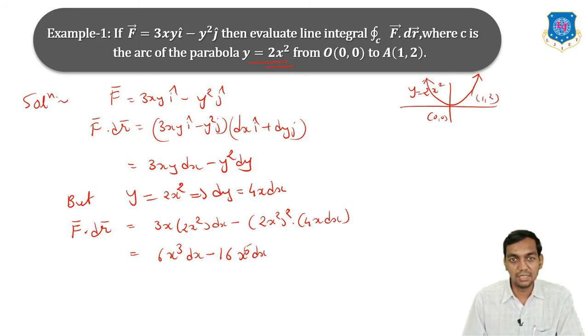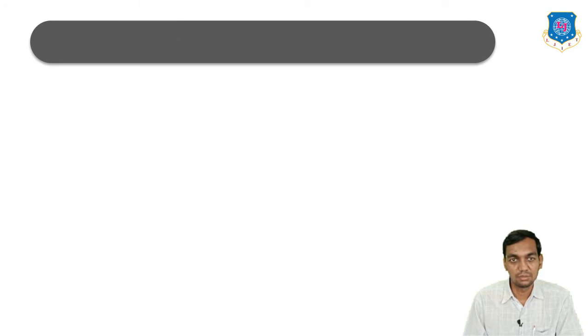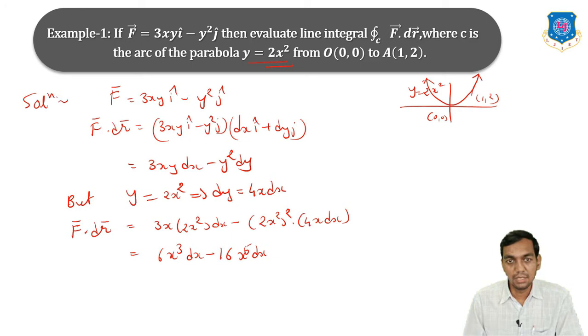Okay, and if you are going to put these values in the integration, it is not a closed integration, this is an open integration, so it is not a closed integral of f dot dr. That will be the integration from point O to A of 6x cube minus 16x raised to 5 into dx.